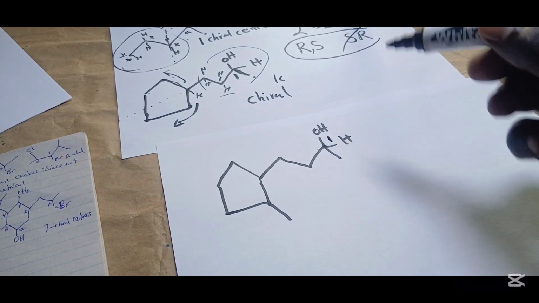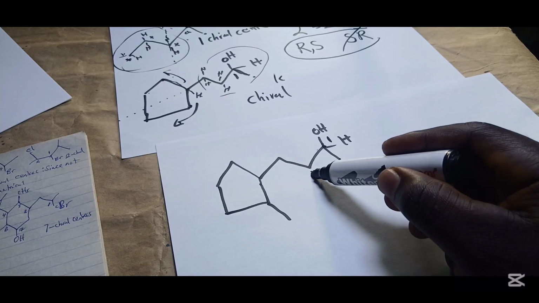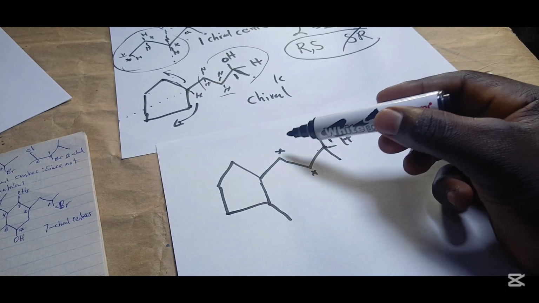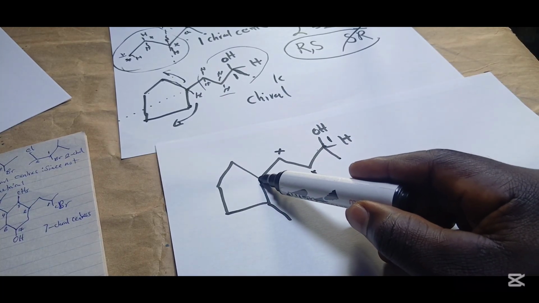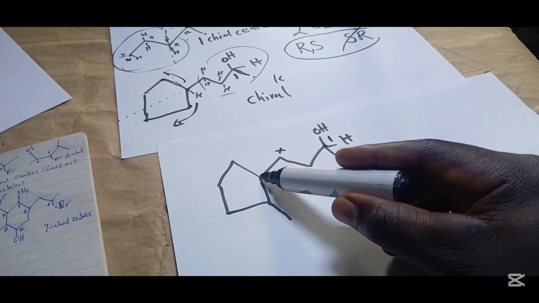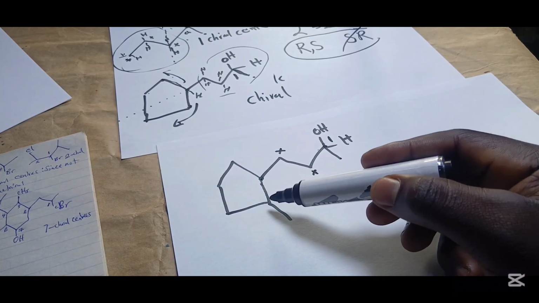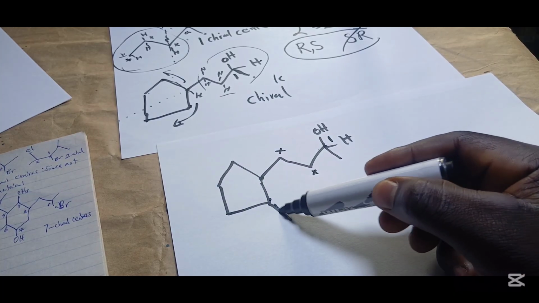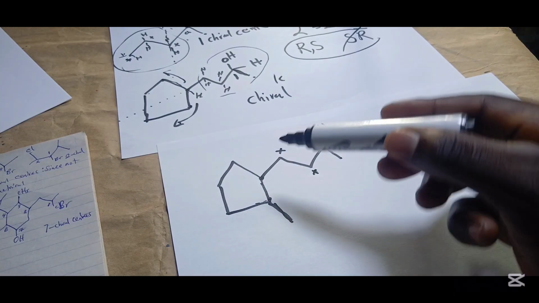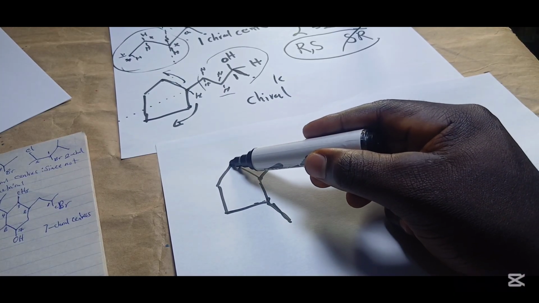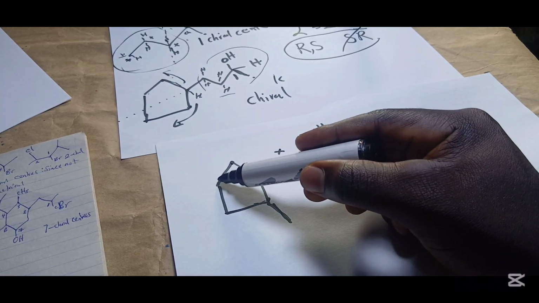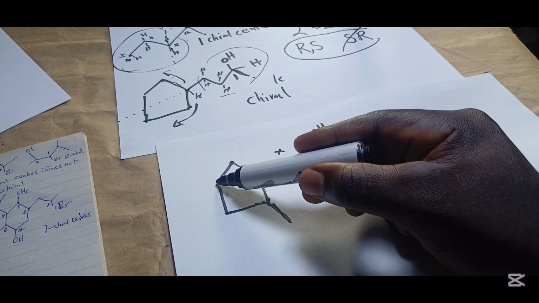This carbon is chiral. This carbon is not chiral. This is not chiral. What about this carbon right here? Well, this carbon is attached to a carbon here with a methyl group and another group. And this carbon here is attached to a carbon here with other groups aside.